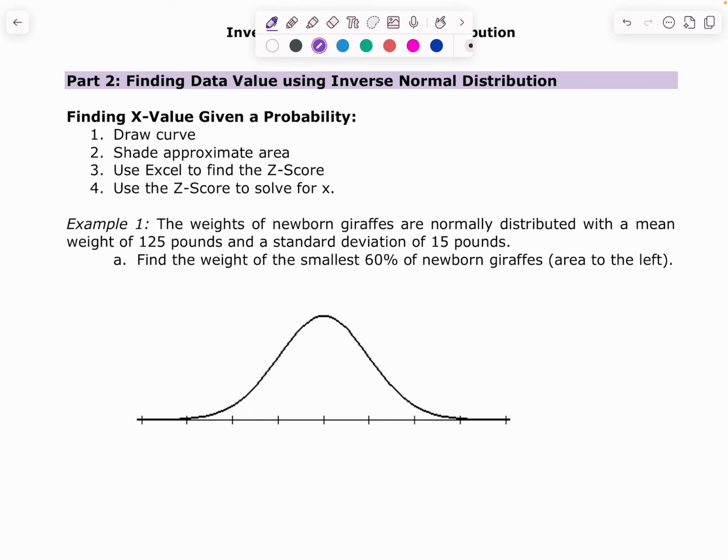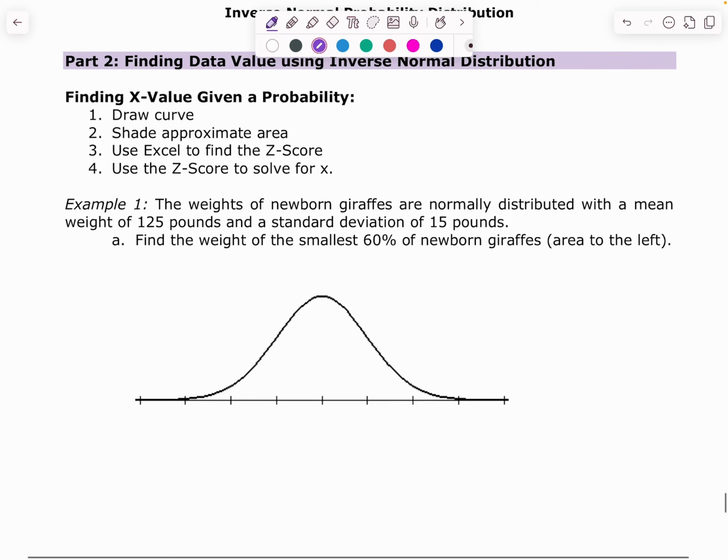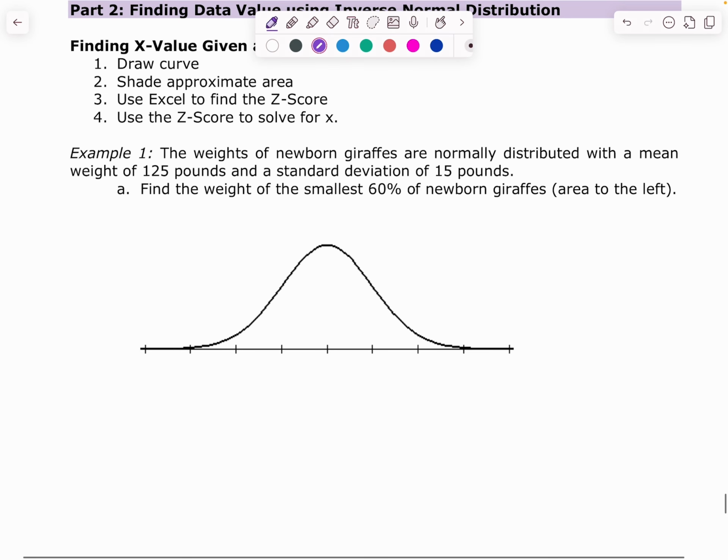So the example that we're going to be working with in this problem says the weights of newborn giraffes are normally distributed with a mean weight of 125 pounds and a standard deviation of 15 pounds. So from this, we need that the weights are normally distributed. The mean weight is 125 pounds and the standard deviation is 15 pounds.